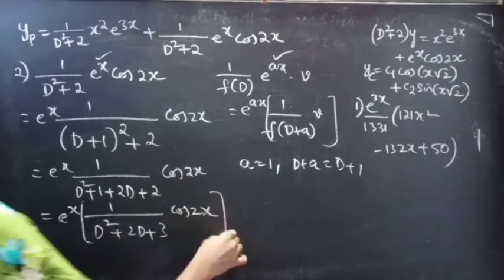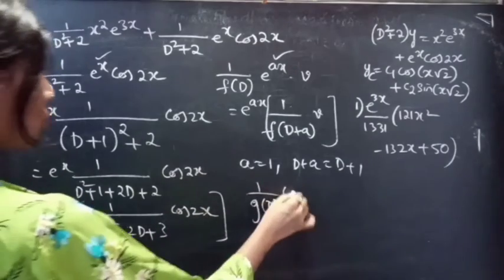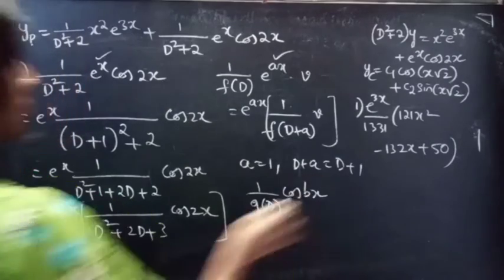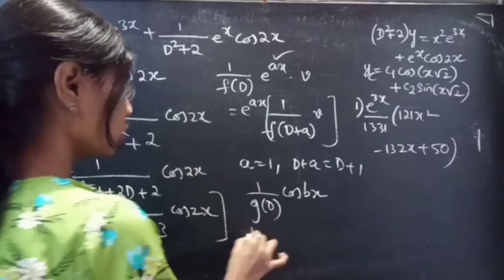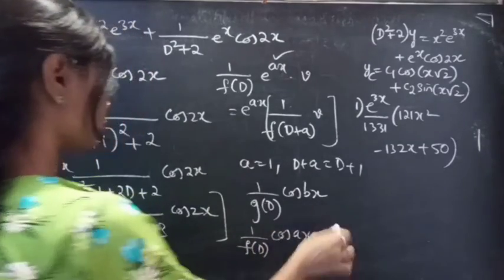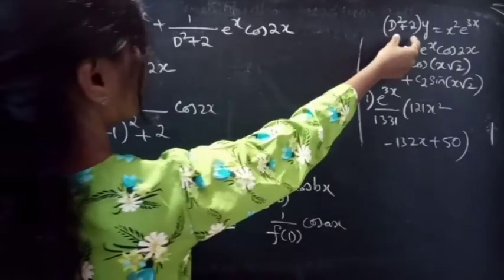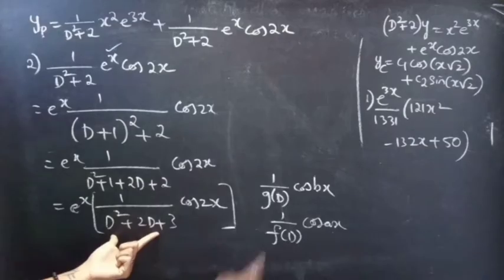Again, this is of the form 1 by some function of d into cos bx. We know that the form 1 by f of d into cos ax we have already used. Already we have f of d square plus 2.